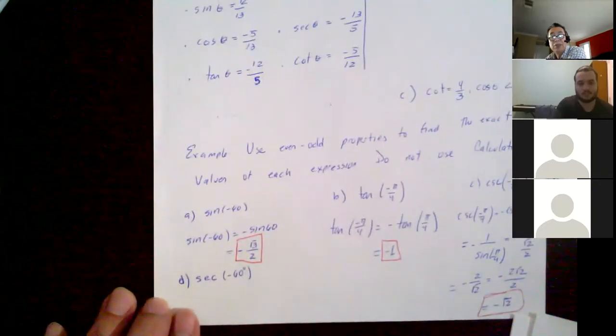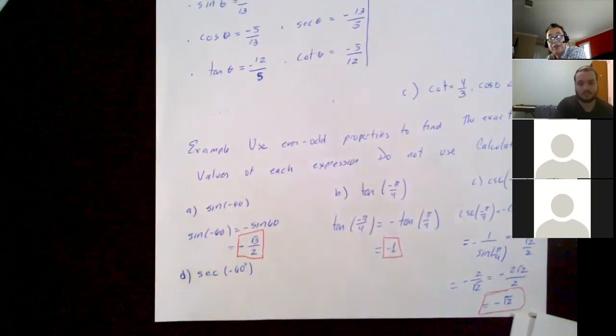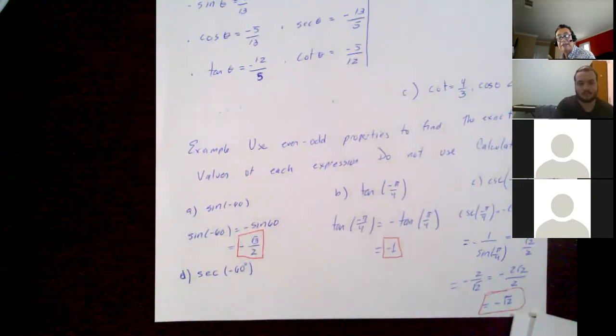Let's do D really quick. Secant of negative 60. What is secant of negative 60? Let's find secant of negative 60.